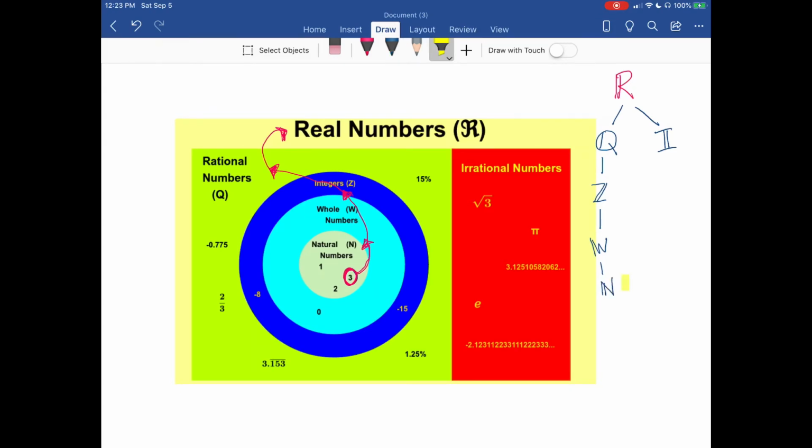All that to say is that means if a number is a natural number, it follows this choo-choo train, meaning, well, then that means it's going to be a whole number, it's going to be an integer, it's going to be a rational number, which makes it a real number.